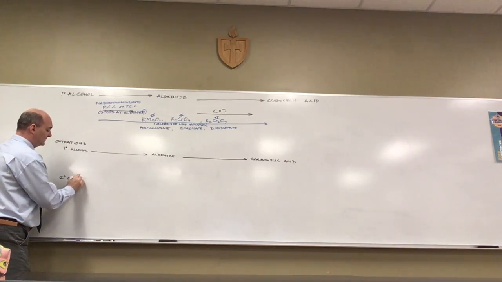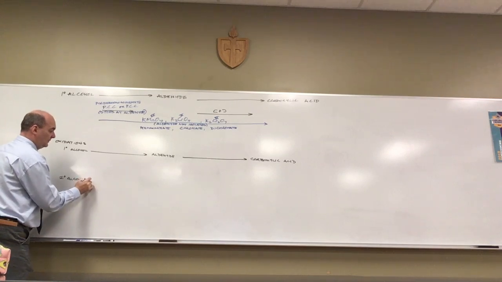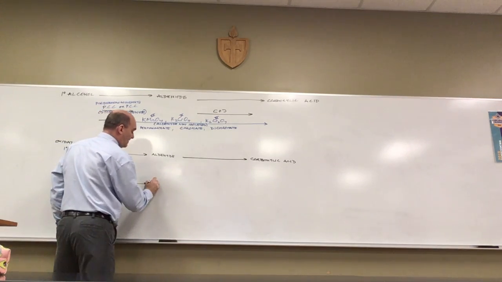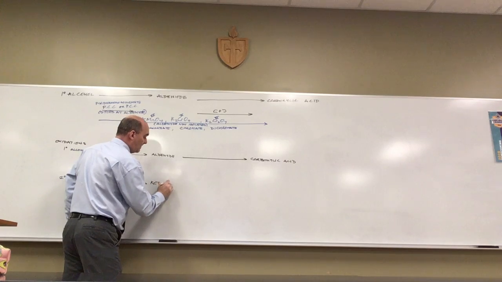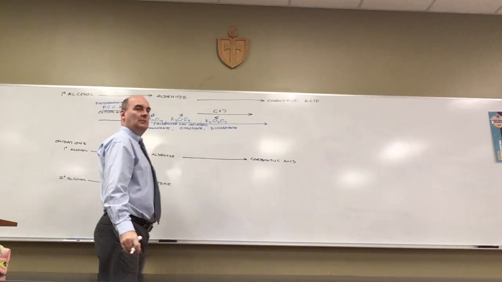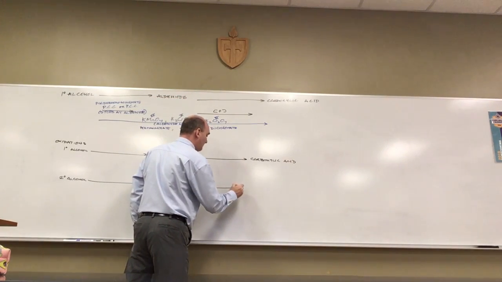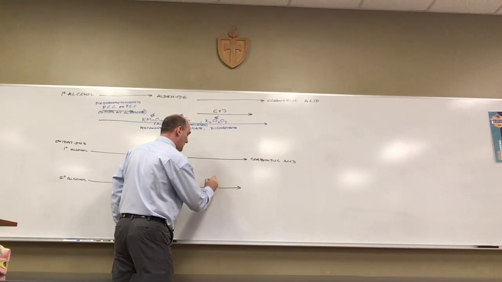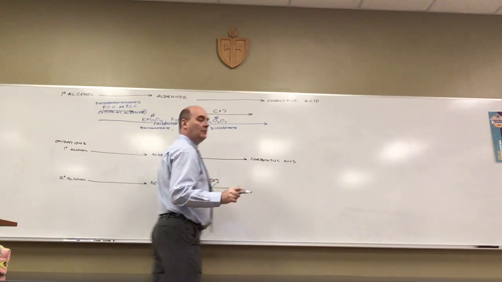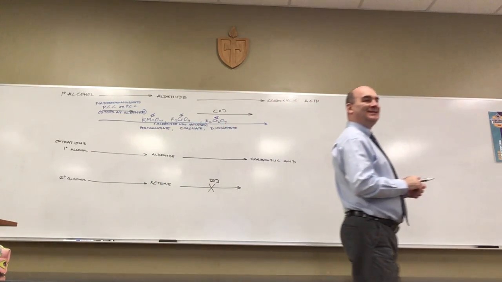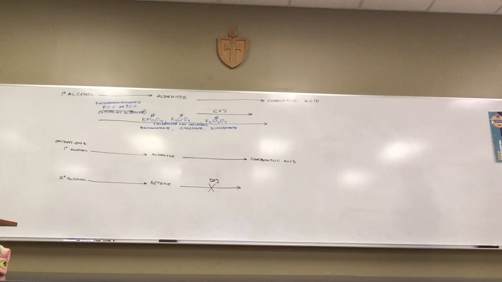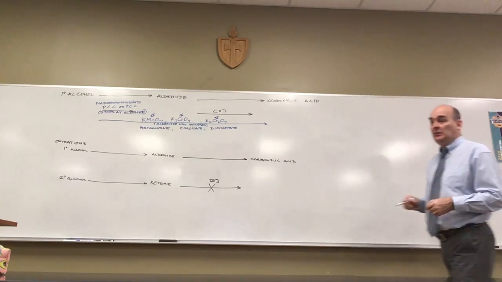Secondary alcohols go to a ketone. But there is no oxidative pathway above a ketone.